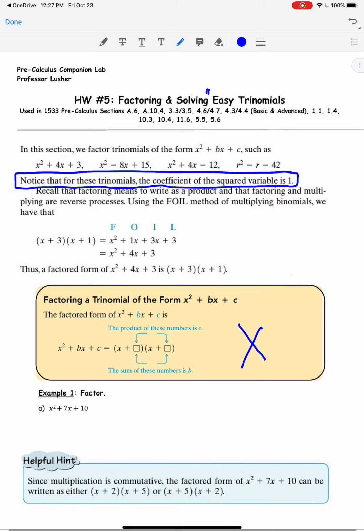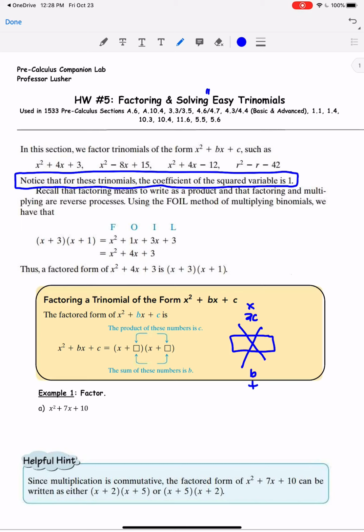So even though we do have an a out here and it's 1, it's going to set us up later. This is always going to be our a times c. And then we'll put our b term in this bottom portion. Then we're going to look for 2 numbers that add up to our b, but multiply to our ac. And we'll use those numbers right here.